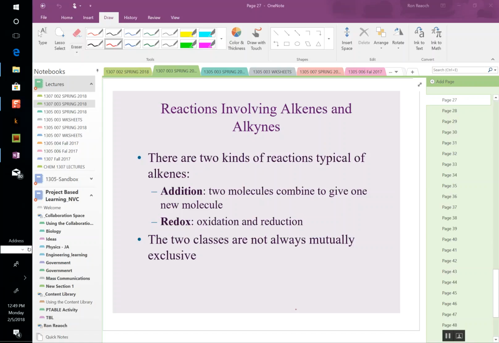We call it a substitution. This is different. We're not substituting, we're adding. It's not that something's coming off the molecule and something else is going on. That's substitution. This is that every bit of this reactant is going on the molecule, adding to it. That's why we call it an addition reaction.